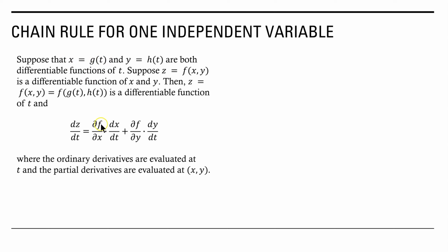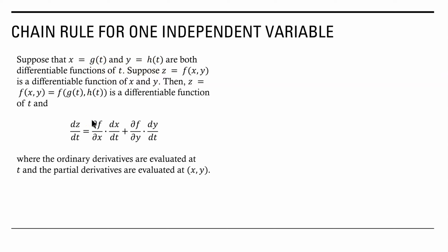So in this formula, we want the rate of change of f with respect to x and multiply that by the rate of change of x with respect to t. And notice we do the same thing for y, because both x and y change with respect to t.